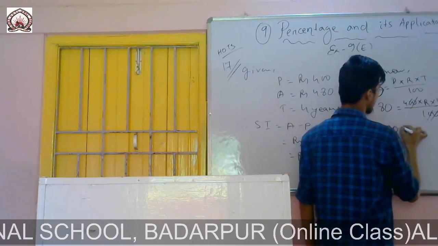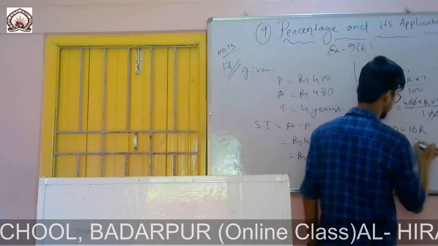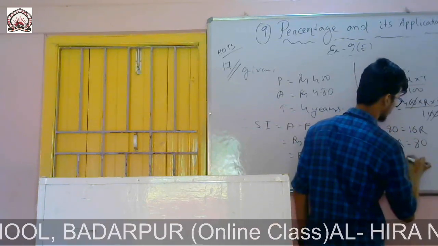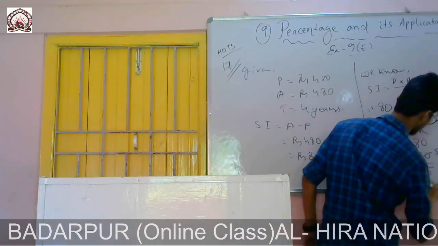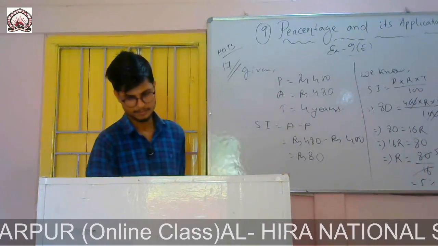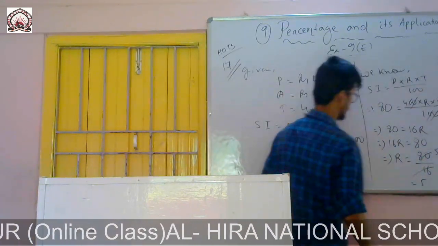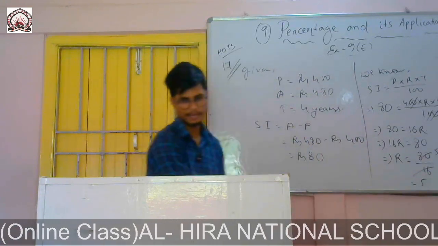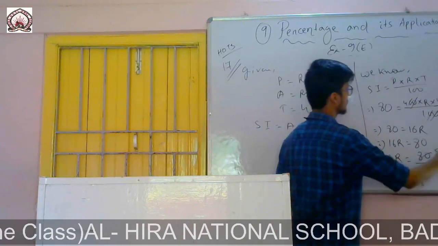So 80 equals 4 fours are 16 R. So 16R equals 80, R equals 80 by 16. 16 fives are 80, so the rate is 5%. Therefore, rate equals 5%. So up to this much, it is question number 12.